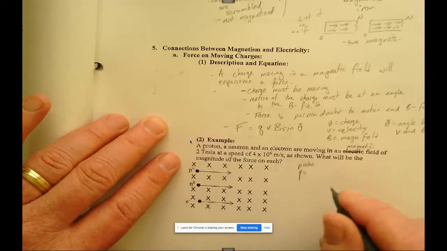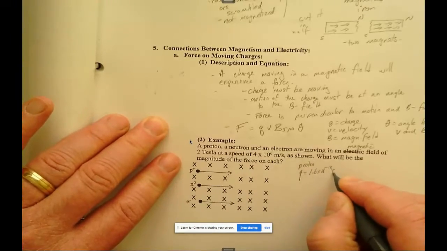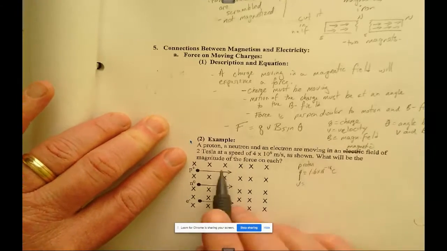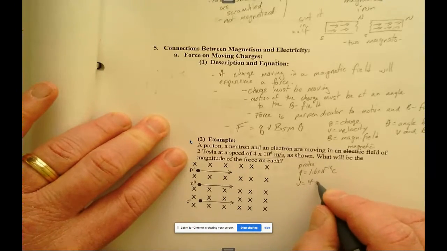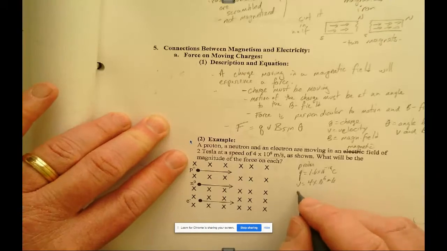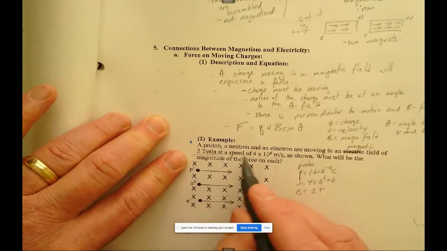The charge on a proton, we should remember, is 1.6 times 10 to the minus 19th coulombs. We're given that V is equal to 4 times 10 to the 6th meters per second, and that the magnetic field strength is 2 Tesla right here.